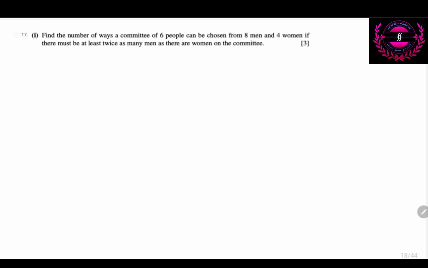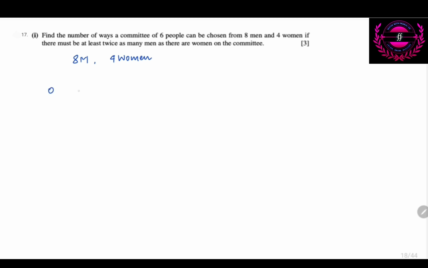Now read question number 17. Find the number of ways a committee of 6 people can be chosen from 8 men and 4 women if there must be at least twice as many men as there are women on the committee. At least twice as many men must be there. There are 8 men and 4 women, and 6 people are chosen.